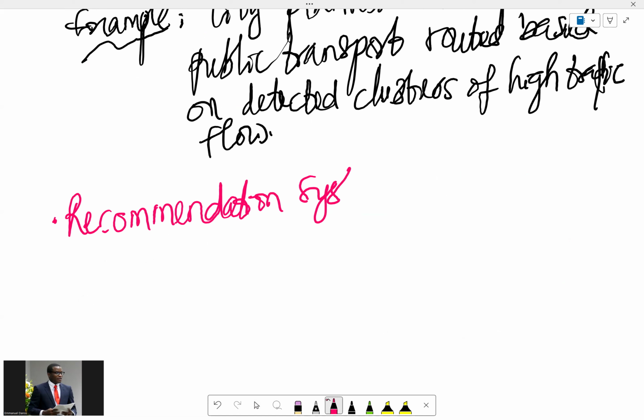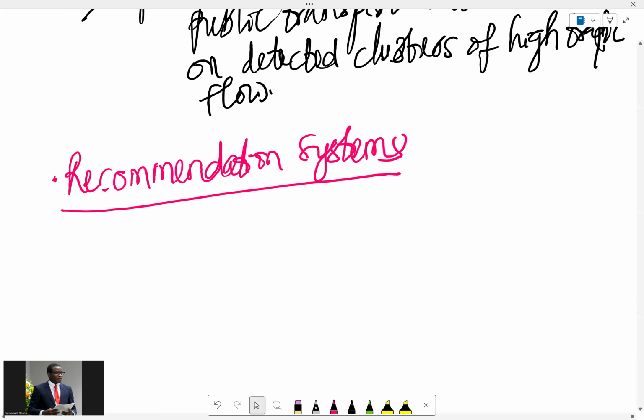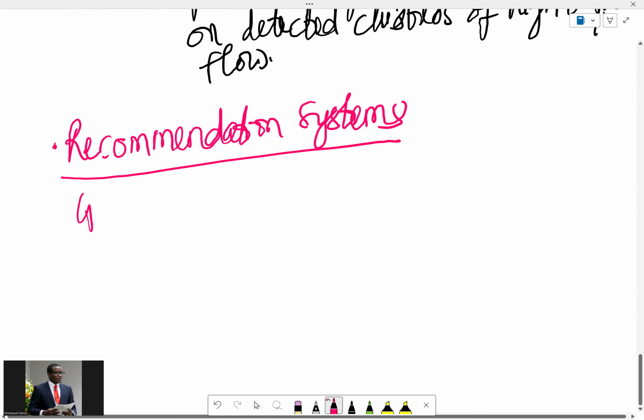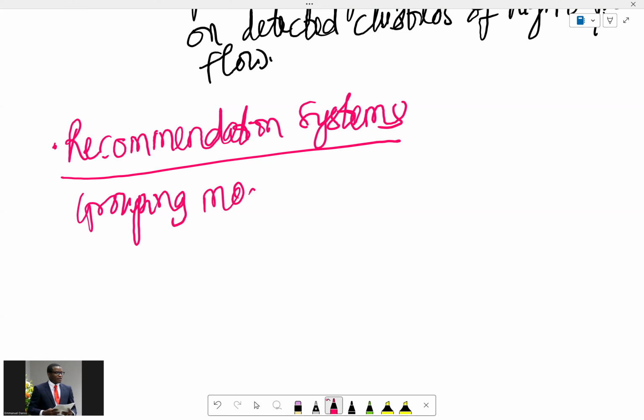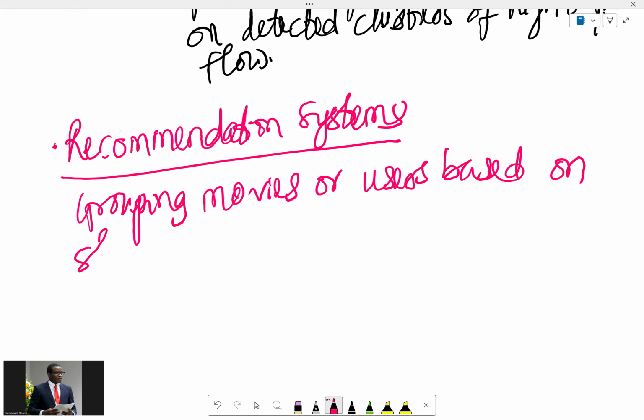They are also called recommender systems, and it's a whole field of study. You can use community detection in recommendation systems for grouping movies or users based on shared preferences.